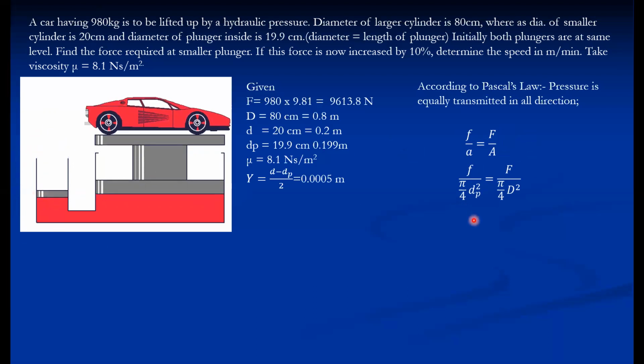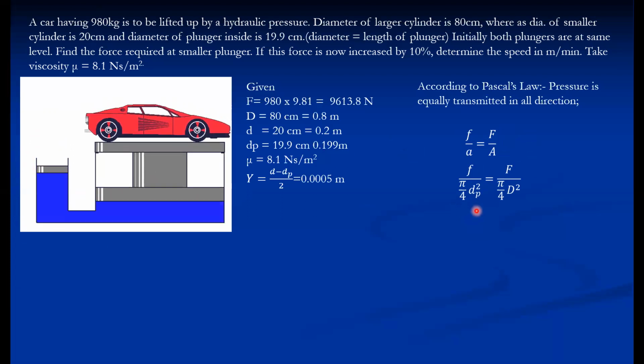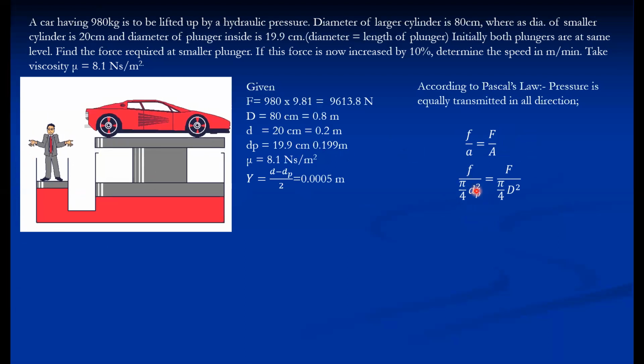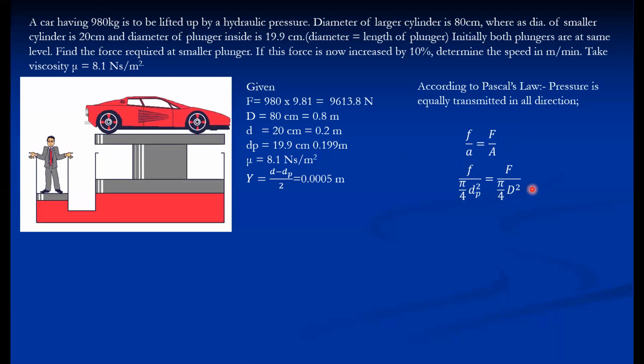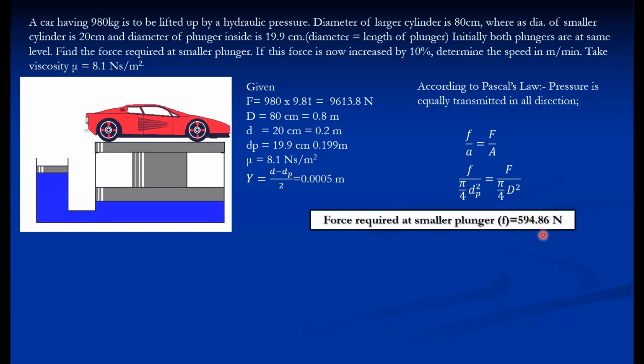If there is no clearance given, then we can assume the diameter of the small cylinder. But in this case, the plunger diameter is given, so we consider the plunger diameter. The only unknown in this equation is small f, so we can calculate the force required at the smaller plunger.